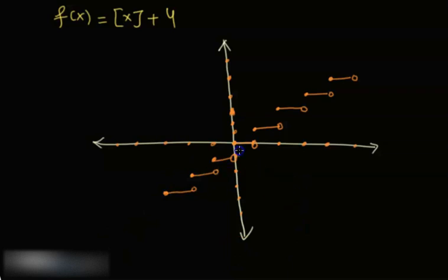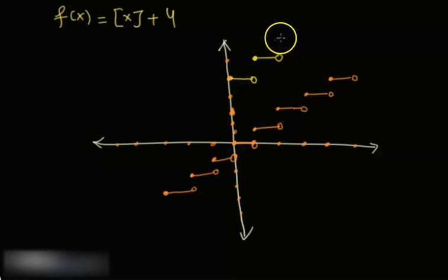Now we have to shift 4 units, so when this page will be moved 4 units up, this will go 1 2 3 4 here, at this place, and this page will also be moved 4 units, and this will be here.